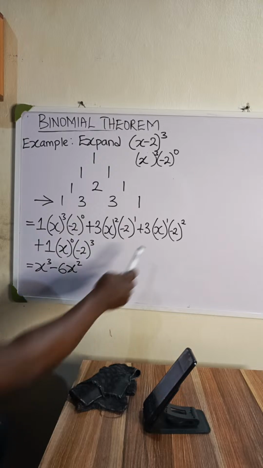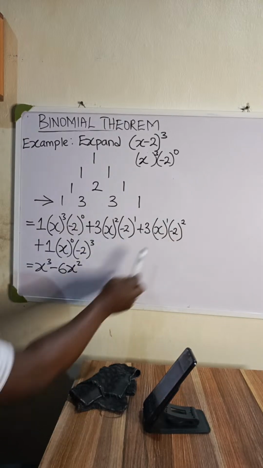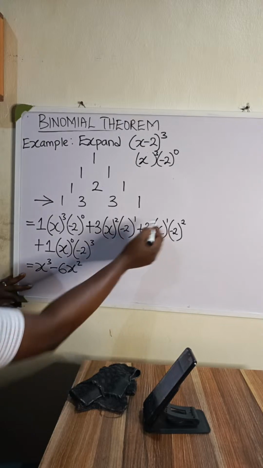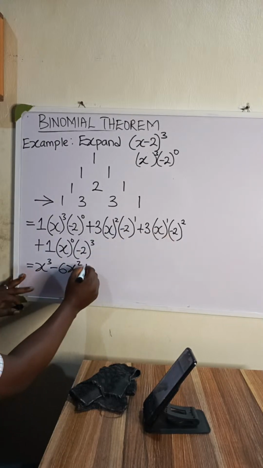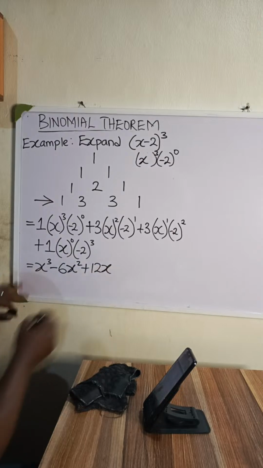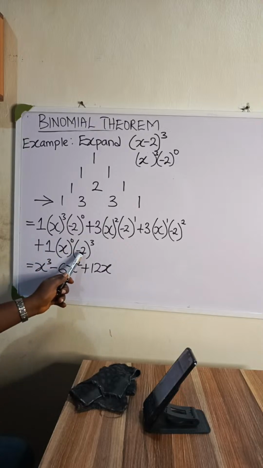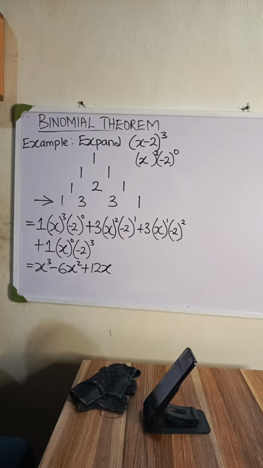Okay, so minus 2 to the power of 2 is equal to 4. 4 times 3 is equal to 12. So x to the power of 1 is the same thing as x. So we have plus 12x. And here, x to the power of 0 is equal to 1. Minus 2 to the power of 3 is minus 8.